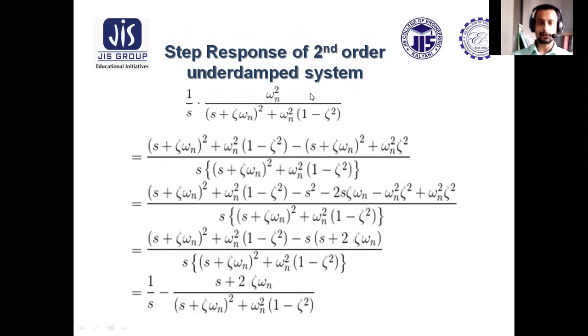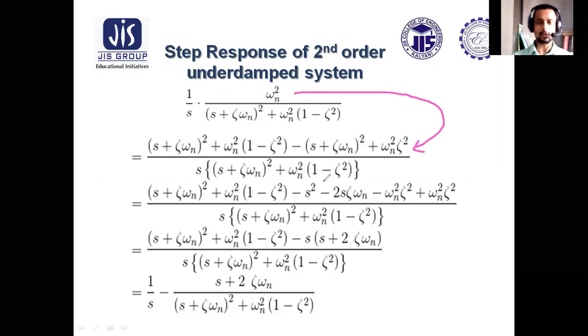Now, up to this we have obtained in the last slide. Now let us move forward. Now this 1 by s is placed here, s plus zeta omega n whole square plus omega n square root 1 minus zeta square. So the denominator part is kept as it is. We have made some changes in the numerator part. This omega n square is written like this, so these two are the same.